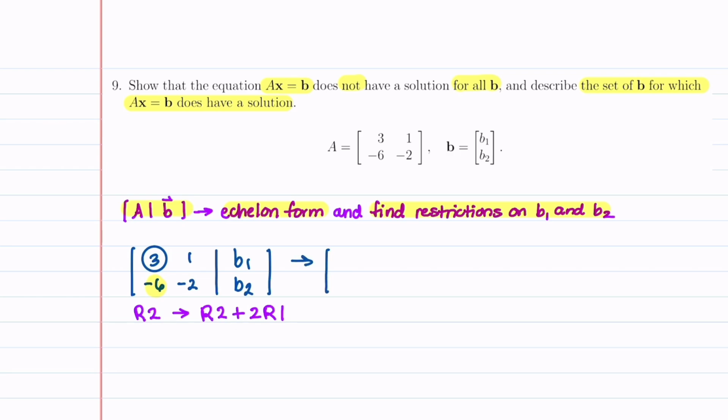Our first row stays the same, so we'll go ahead and write that down. And then our second row, we're multiplying the first row by 2, adding it to the second row, so we pick up a 0. And then we have a 2 minus 2, so we pick up another 0. And then we have our b2 plus 2 times b1.